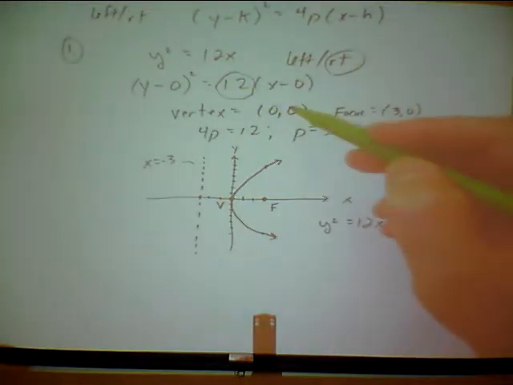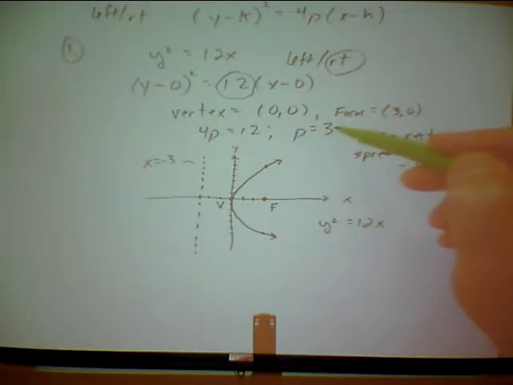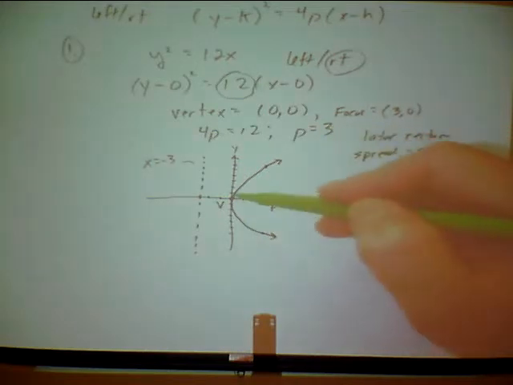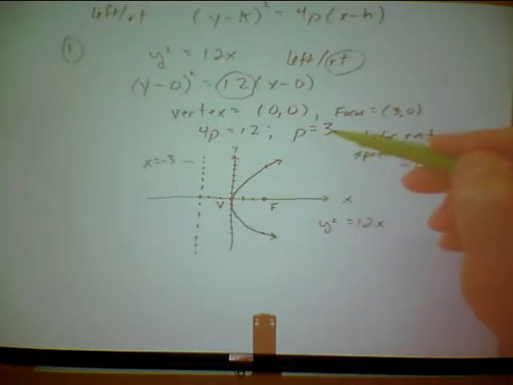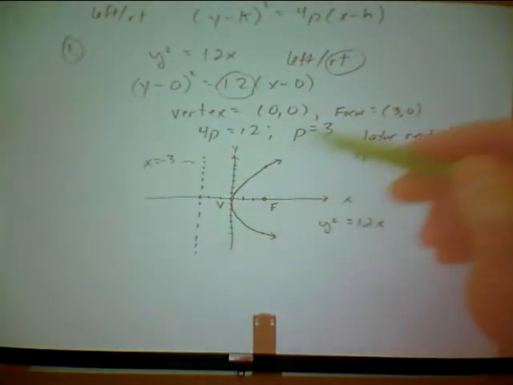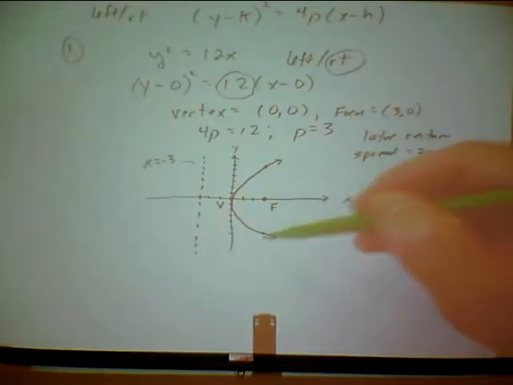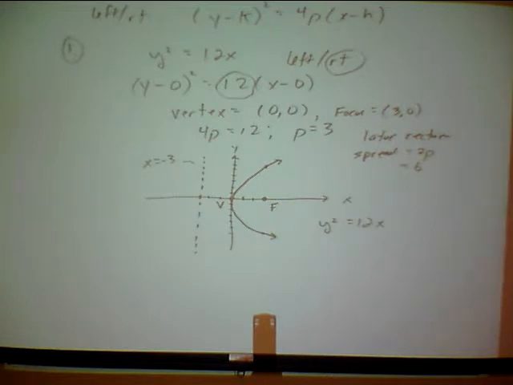So then you get the vertex. You can easily find the value of P. And once you find the value of P now, you can plot your vertex. With the value of P, you can easily find the focus. You can graph your directrix. And then you can figure out the spread, because you know the value of P. And graph these 2 points. And then do a rough sketch of your parabola.